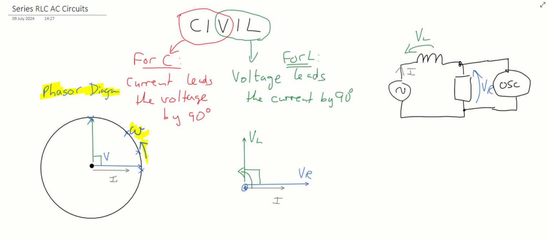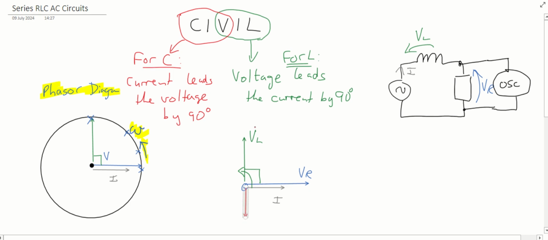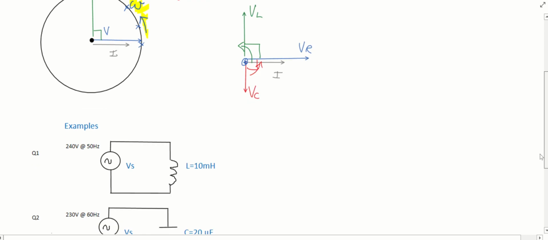And for the capacitor, we would have downwards, because the current in this case leads the voltage across the capacitor by 90 degrees. Okay, so that's a fairly easy way of remembering the relationship in the circuit.